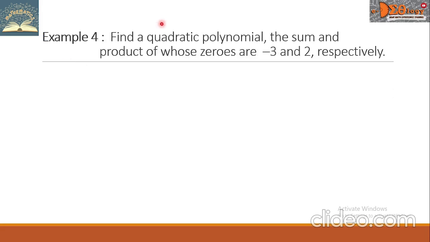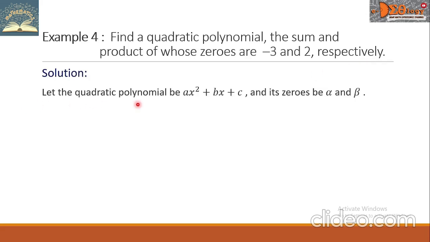Example 4. Find a quadratic polynomial, the sum and product of whose zeros are negative 3 and 2 respectively. Let the quadratic polynomial be ax squared plus bx plus c, and its zeros be alpha and beta.